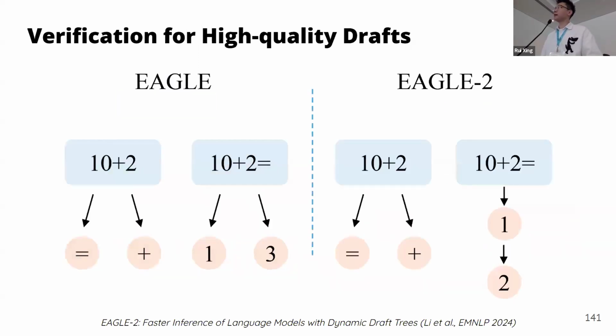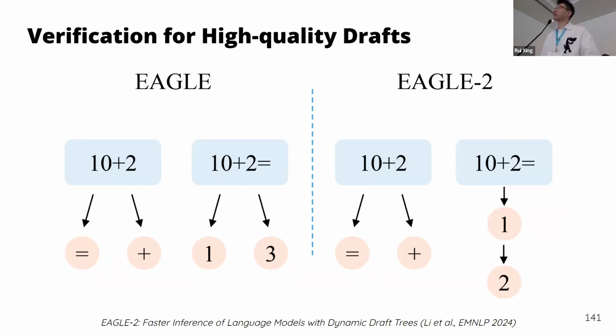So here is a basic example of this context dependency. In Eagle1, we only consider a static draft tree. It means that the whole draft tree architecture is fixed. Whatever the context is, like 10 plus 2, the next token can be equal or plus.